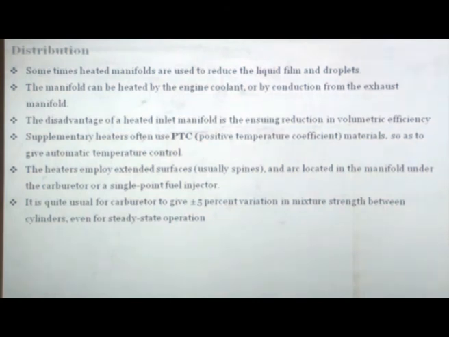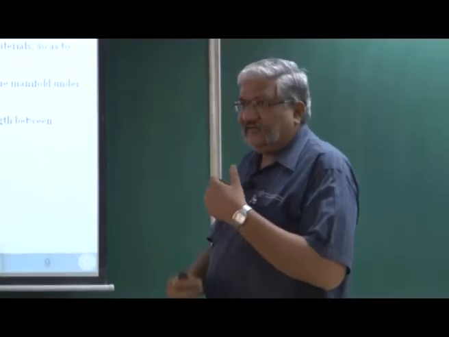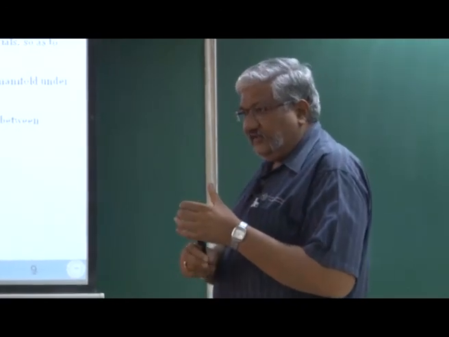Okay. So, the heaters employ extended surfaces which are usually splines. Splines, do you know what these splines are? So, extended surfaces like fins, internal splines and external splines. External splines are called fins, and if they are internal it is called a spline, and they are located in the manifold under the carburetor or a single point fuel injector.